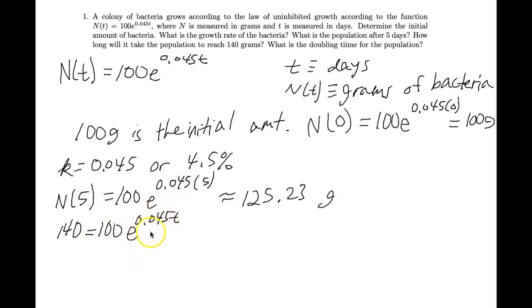We'll recognize that this is an exponential equation, and so we have to isolate the exponential. We can divide both sides by 100, getting us 1.4 equals e to the 0.045t. In order to bring the t down, and since the base is e, we'll natural log both sides.